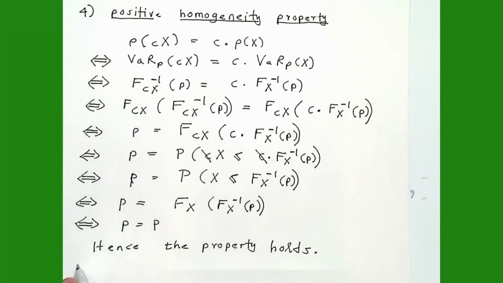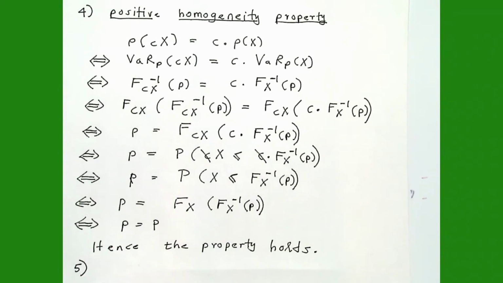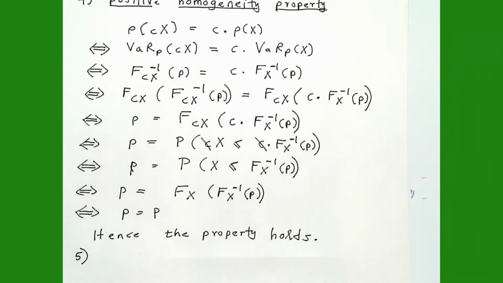Number 5 is the sub-additive property. Now, I said to you before that for VaR, the sub-additive property does not hold.